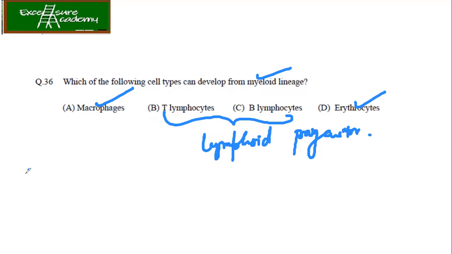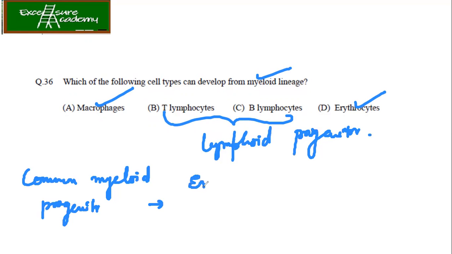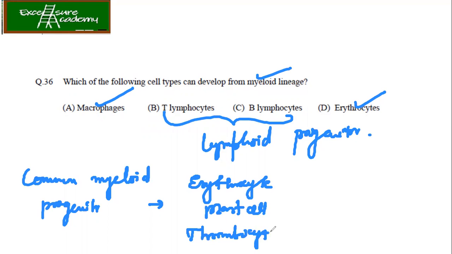Now, from the common myeloid progenitor, you get erythrocytes, mast cells, thrombocytes, and myeloblast.